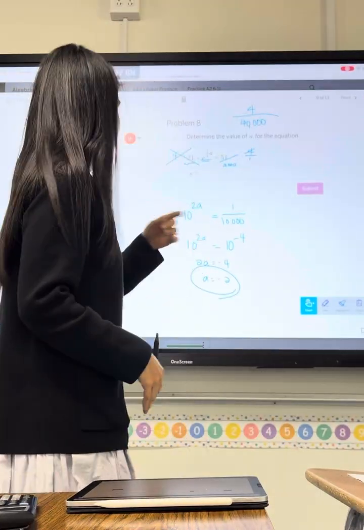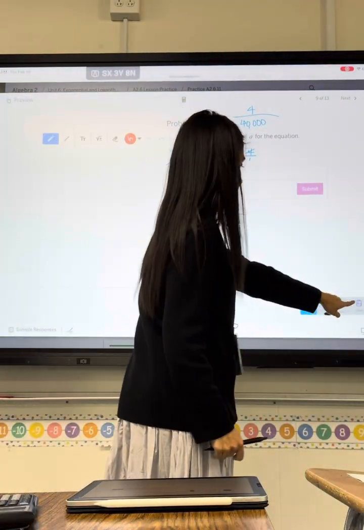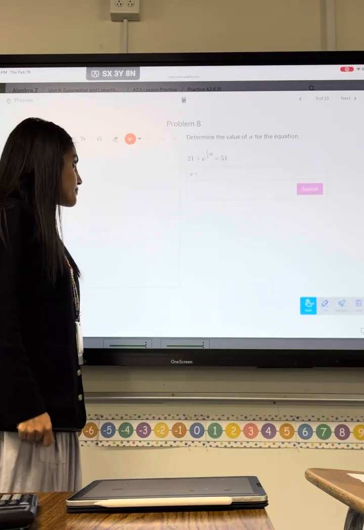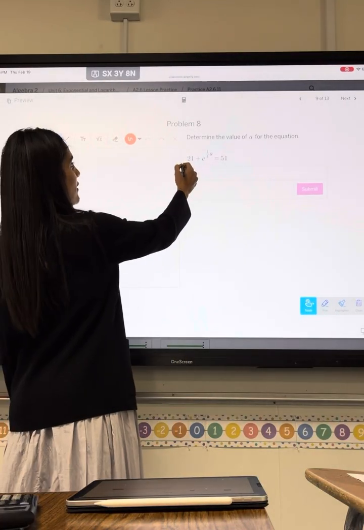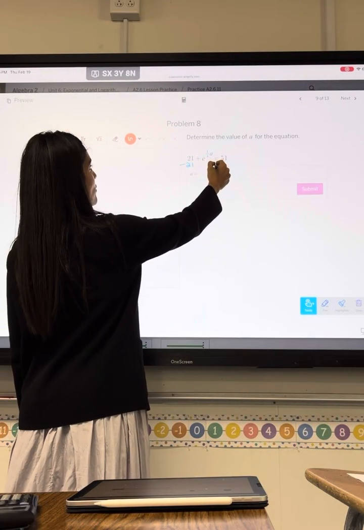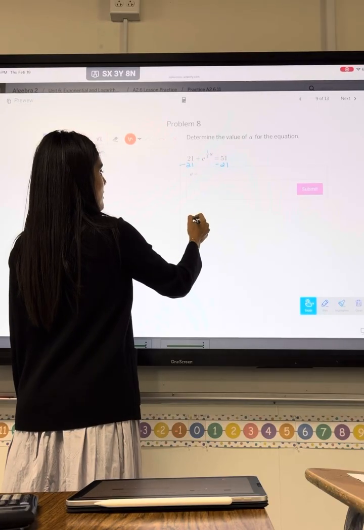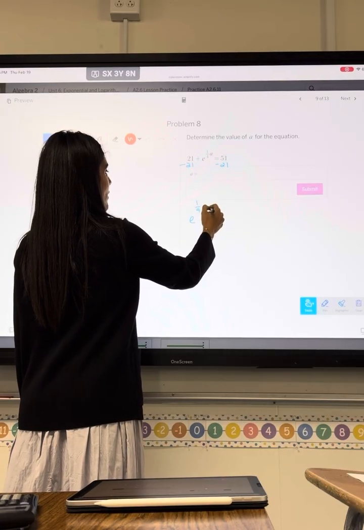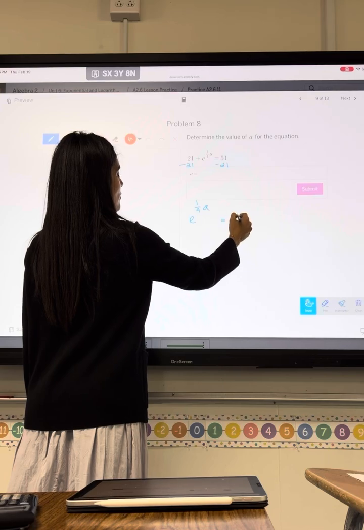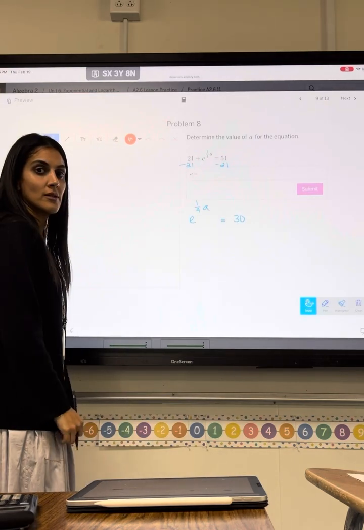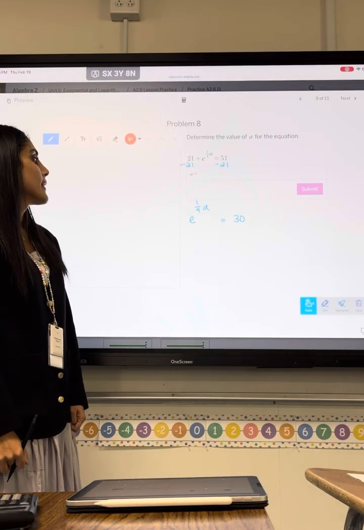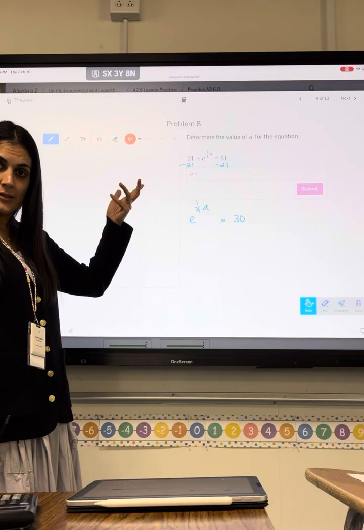We have this situation. Okay, again, some fluff. Let's start by subtracting that 21 from both sides. We get e to the 1/4 a equals 30. And now we can rewrite this, all right?